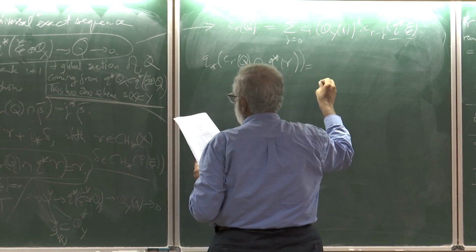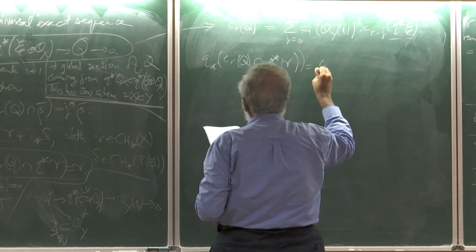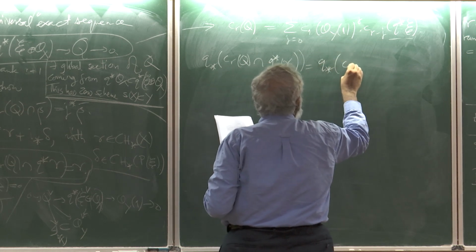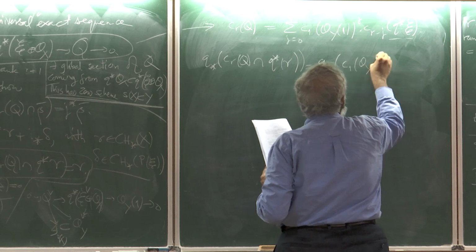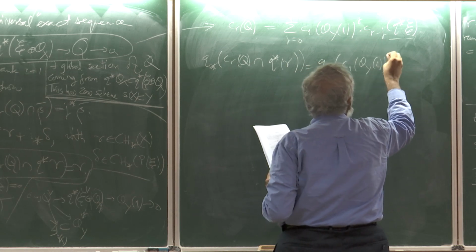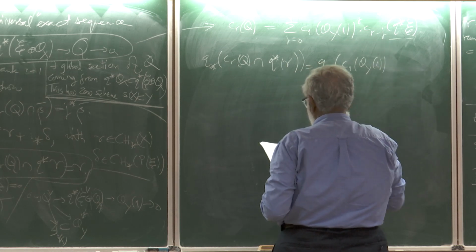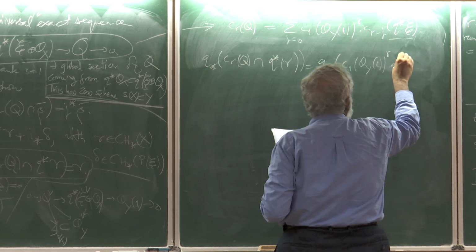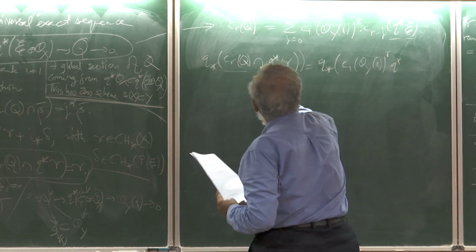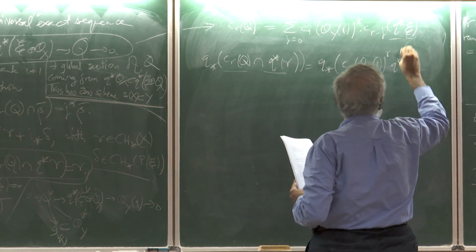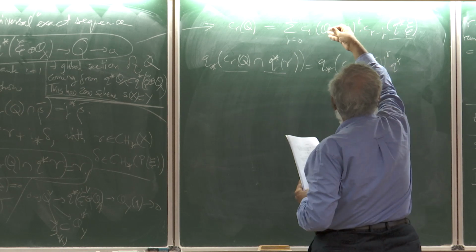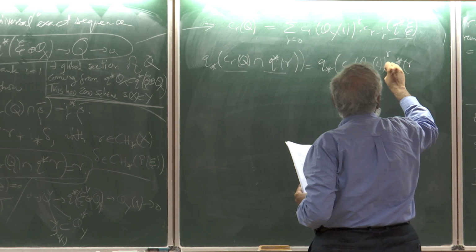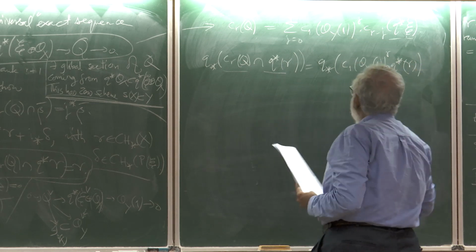This is equal to, I claim just one of the terms will contribute, Q lower star of C1 OY of 1 to the R times C0, which is just Q upper star. Of course, I'm applying this to this. So C0 would have been just 1, so there's no term there, it's just the full O1 to the R times Q upper star gamma. I mean, if you want cap Q upper star.